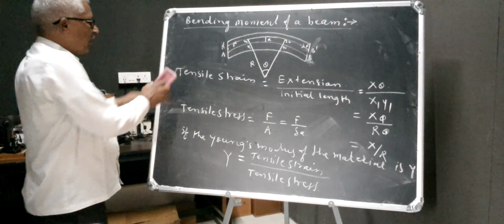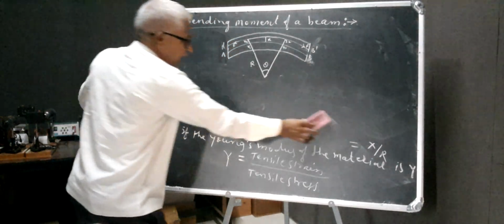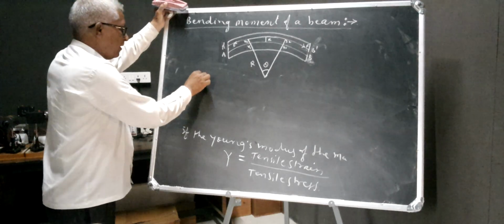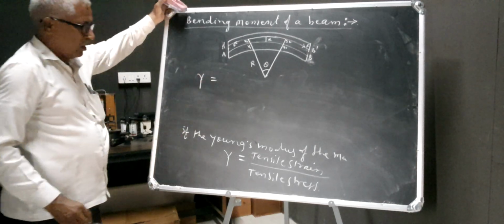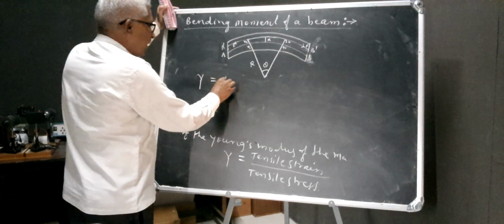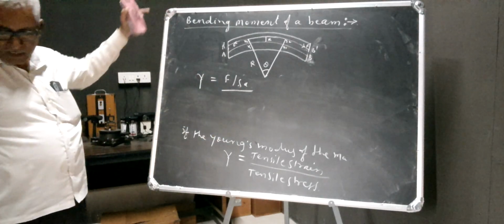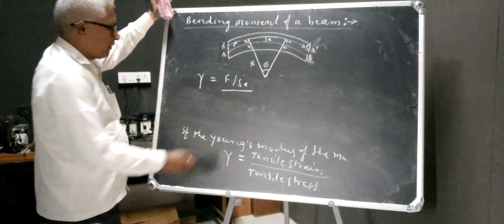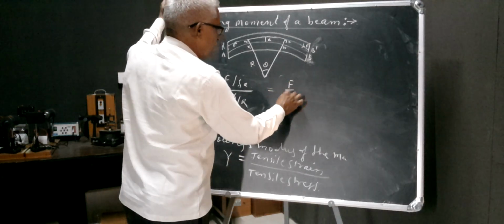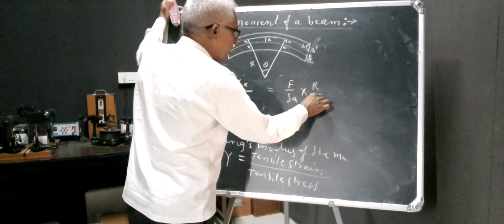Here, putting the values of tensile stress and tensile strain in this equation, we can write the equation for Young's modulus as y equals F upon delta A divided by x by r. This can be written as F upon delta A multiplied by r by x.